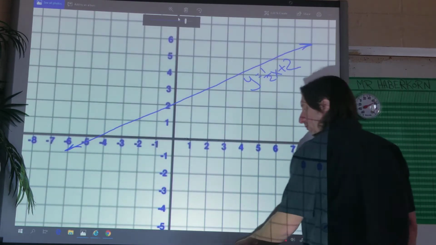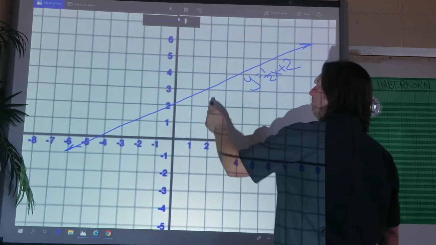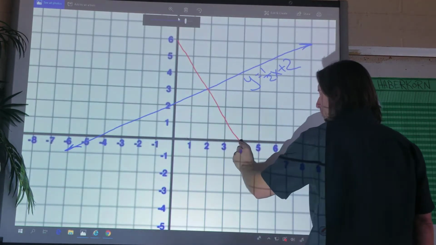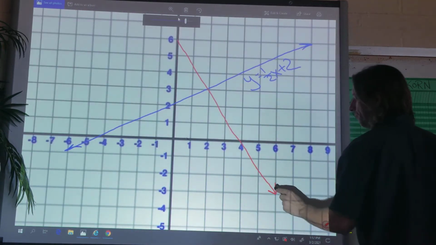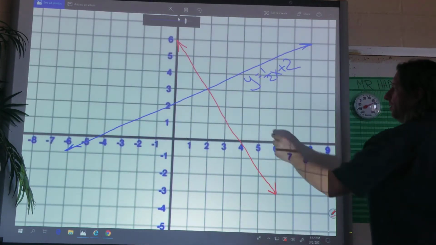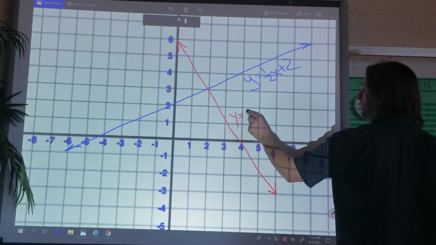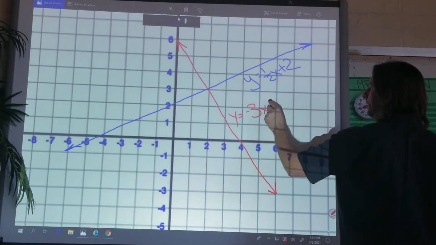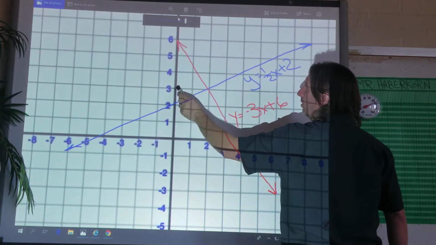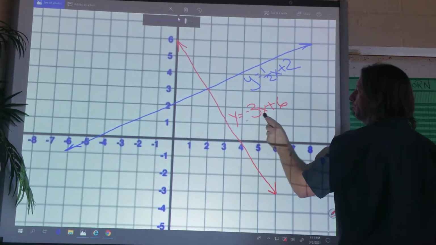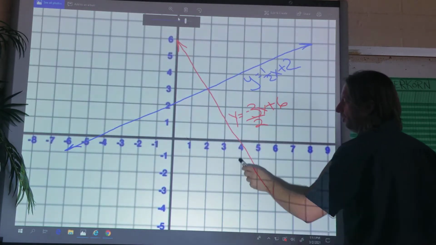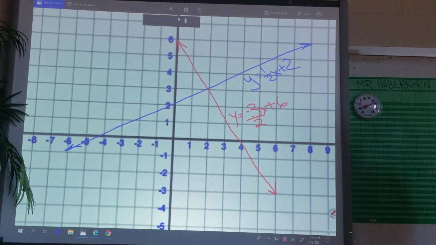And then we found out that if we draw another one, this one is y equals negative 3/2 x plus 6. 6 is our y-intercept, down 3 over 2, down 3 over 2, down 3 over 2, okay?